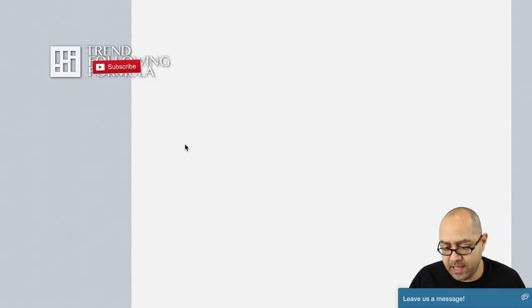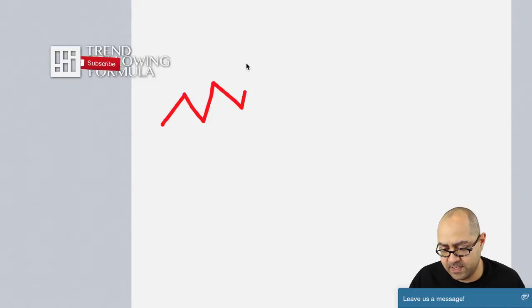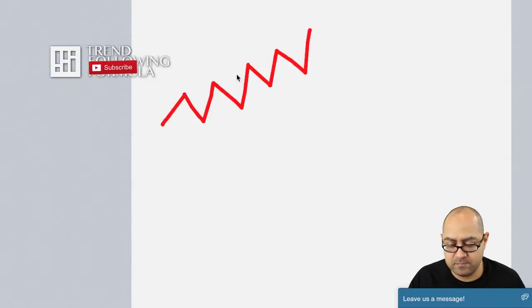If we have that kind of a trend, that's a kind of corrective move. We are not going to get into details of what the names of these are. You just need to understand, if you see a sequence of higher highs and higher lows, this is an uptrend. However, this is a weaker trend.